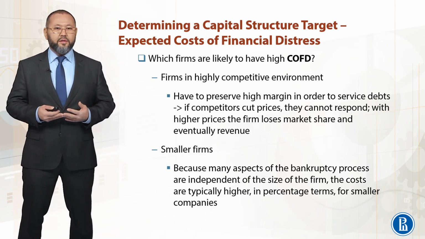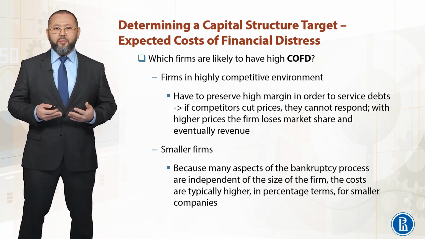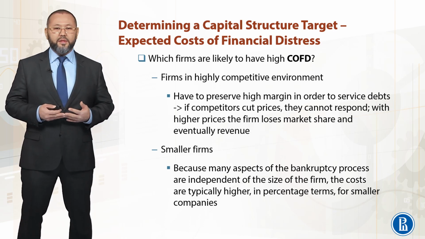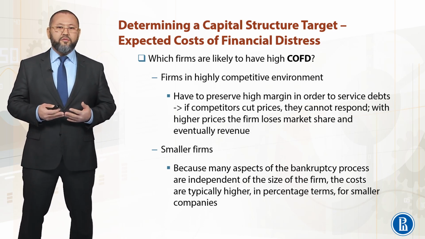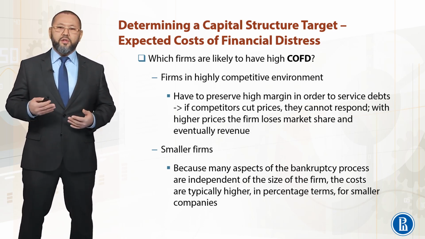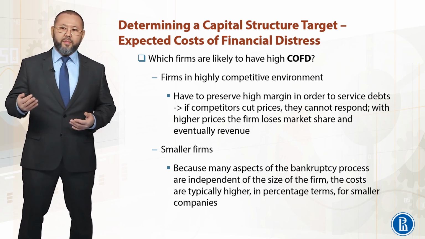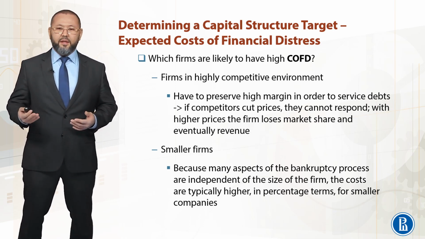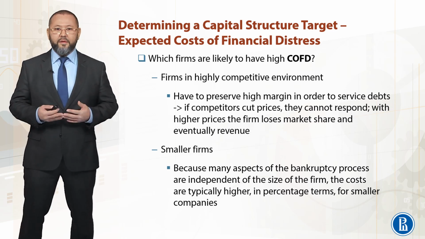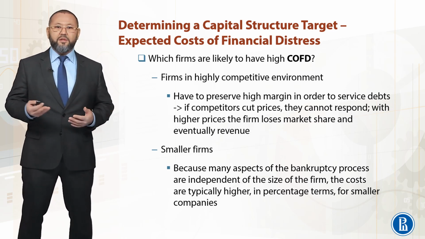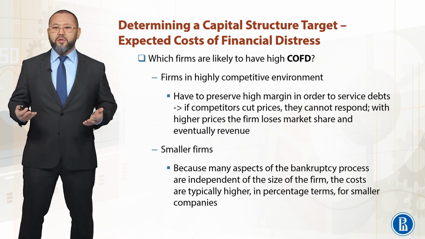The second type of firm is a firm in a highly competitive environment. This firm has to preserve a high margin in order to service debts, to pay interest on debt, and to repay the debt itself. So if competitors cut prices, they cannot respond.